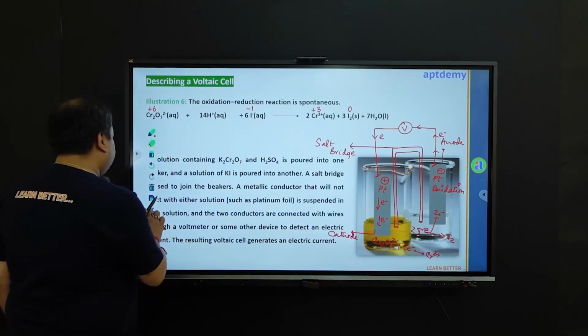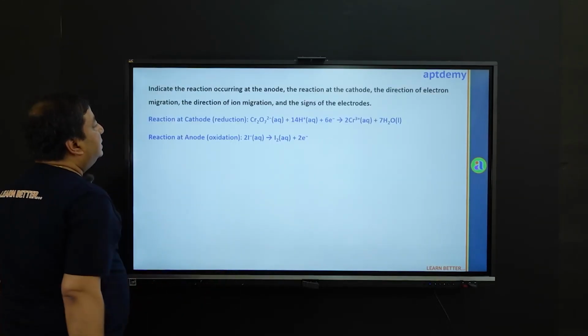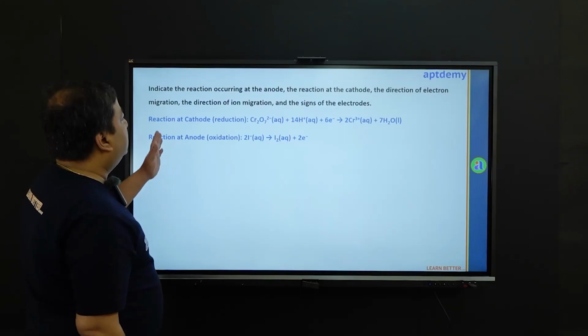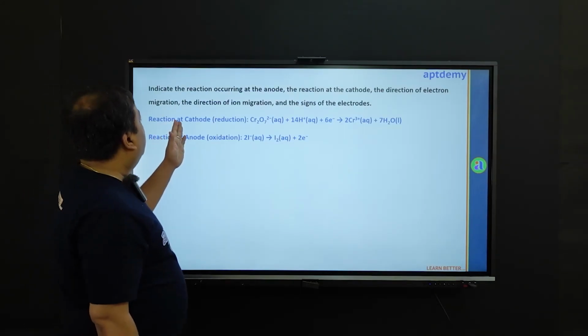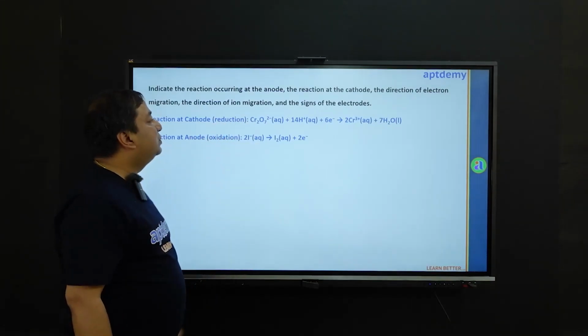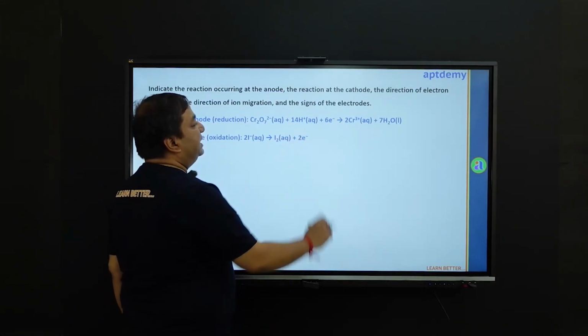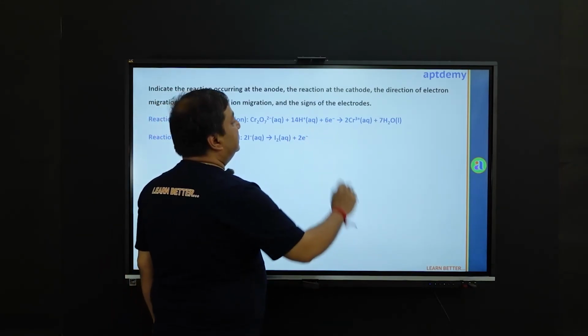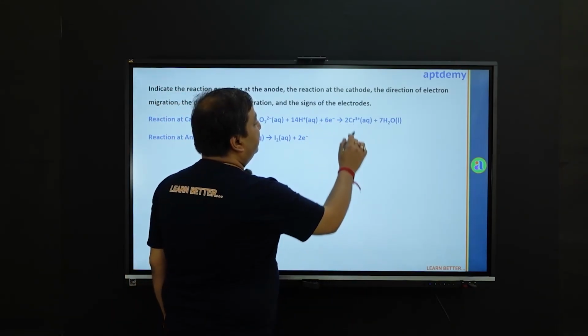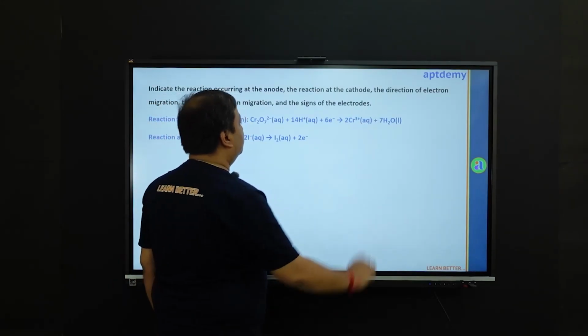Now, as the question had asked, the reaction at the cathode: Cr2O7 2 minus plus 14H plus plus 6 electrons, giving us 2 Cr3 plus ions plus 7H2O.